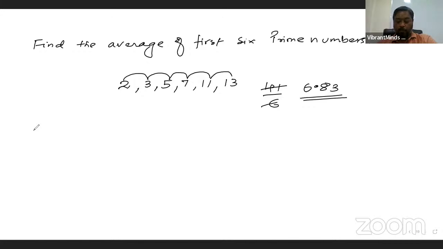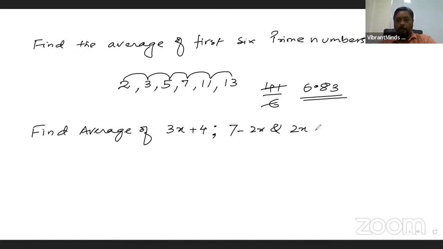Again, go with the next question. And that is, find the average of 3x plus 4, 7 minus 2x, and 2x plus 11.